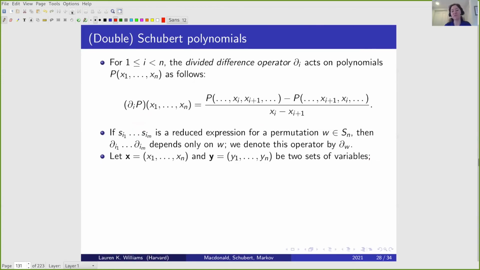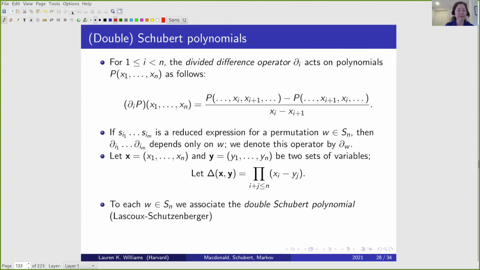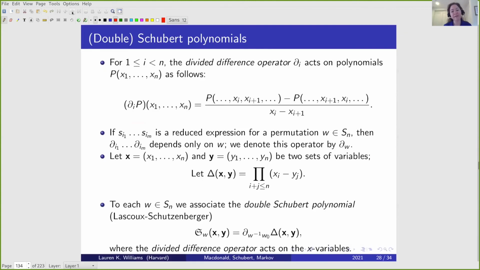Okay, so let bold X and bold Y be two sets of variables, and let delta of X comma Y be the product of x i minus y j's. To every permutation w, we can associate what's called a double Schubert polynomial, first defined by Lascoux and Schützenberger.